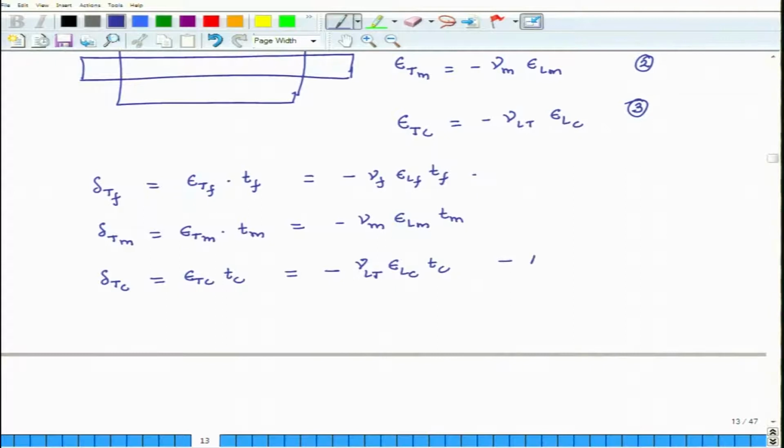Now, this is equation 3, equation 2, equation 1, and basically the left side of equation 3 is nothing but the sum of equation 2 and equation 1. Okay.